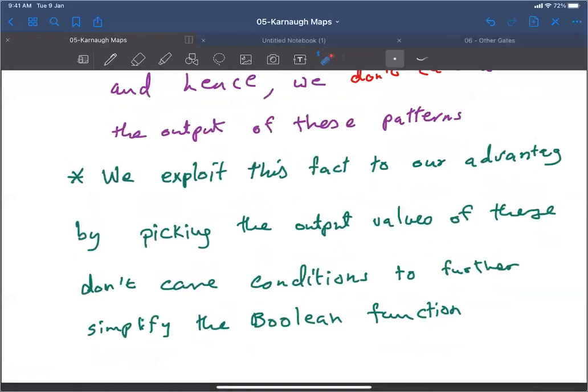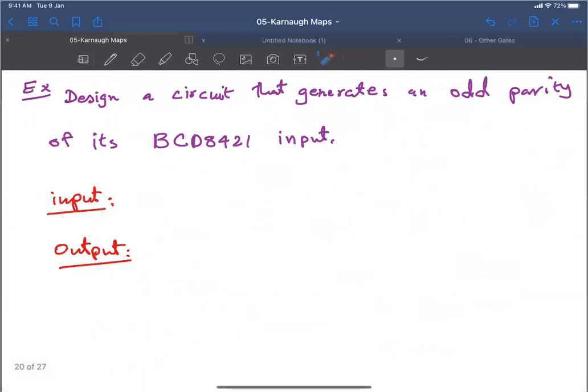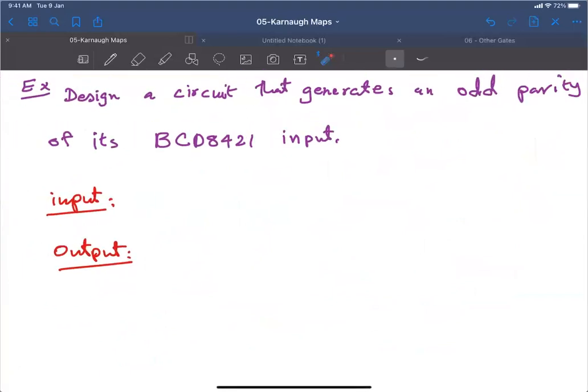In this example, we are going to use all that we learned, in addition to some design capabilities. So in our example, we would like to design a logic circuit.